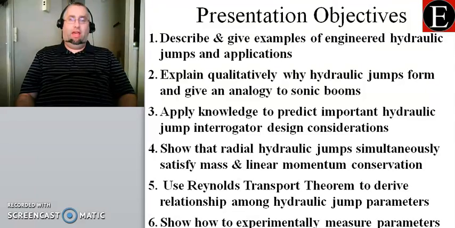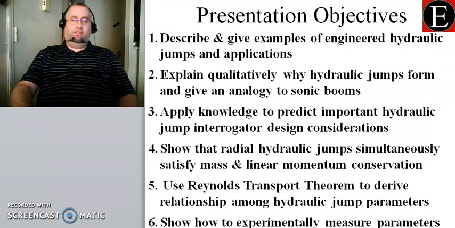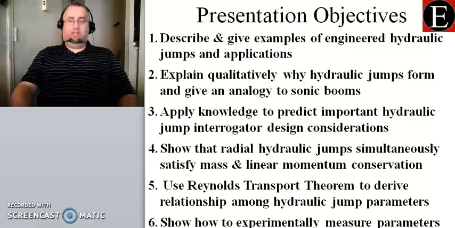You will actually be running these experiments yourselves, taking experimental data, some of the key parameters you'll measure yourselves by hand, and then I'm going to show you how the experimental results should match up with the theory that we figured out in the previous step. So that is a rundown of the objectives that we are going to achieve in this lecture presentation.